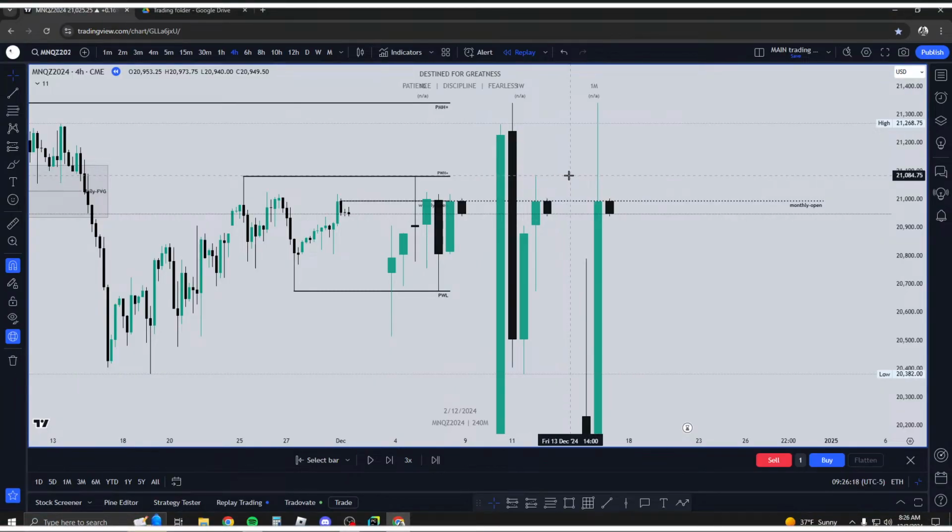Or maybe, because of how we closed on Friday, it's giving me a bullish bias coming into Monday today, we could end up taking out previous week's high today as well.